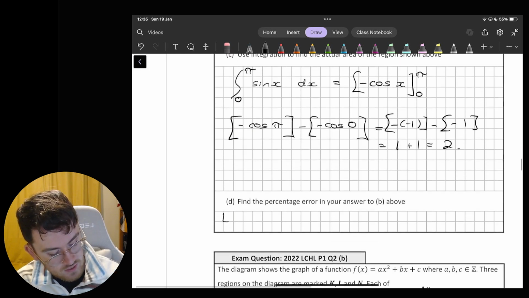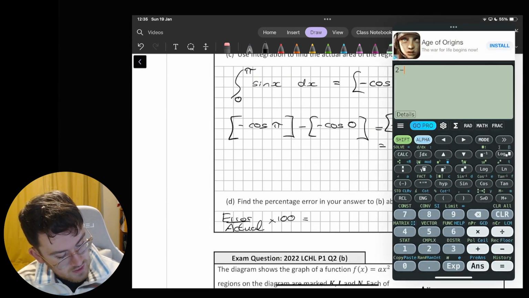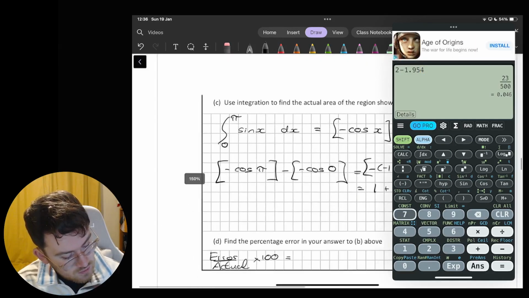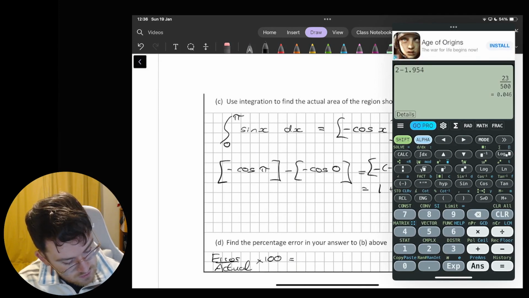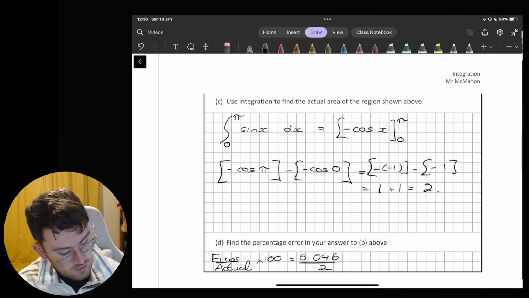Percentage error is error over actual times 100. Here the error is 2 minus 1.954, which is 0.046, all over 2, multiply by 100, and I get 2.3%.